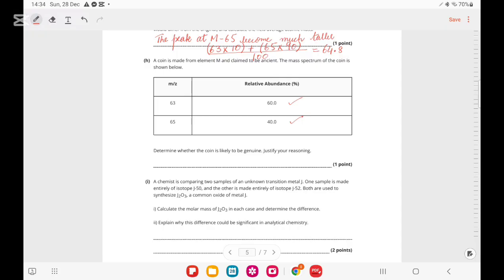The percentage abundance differs from the natural ratio.